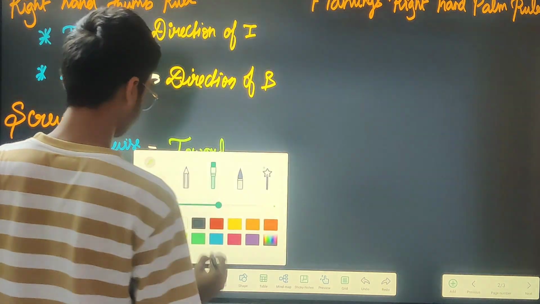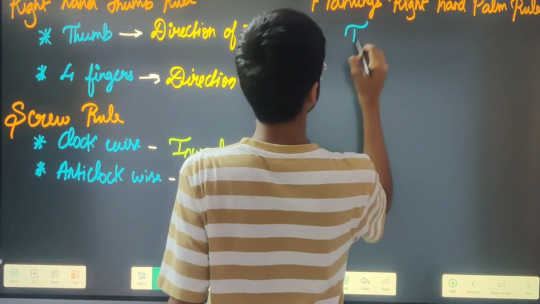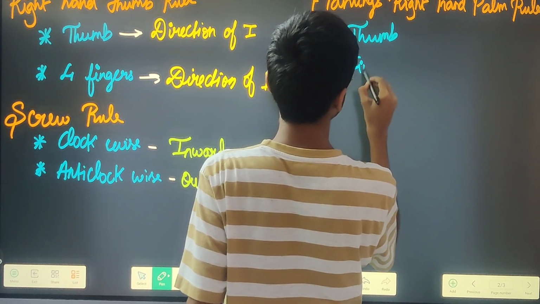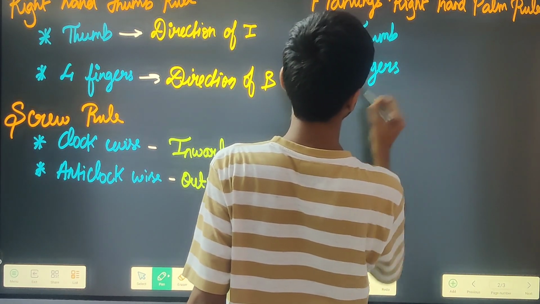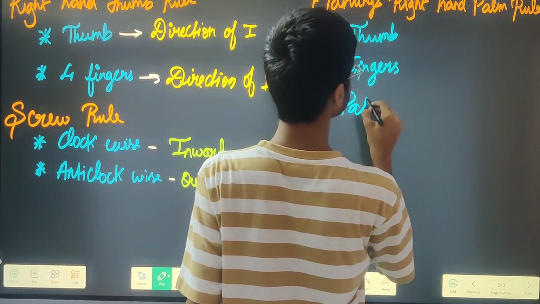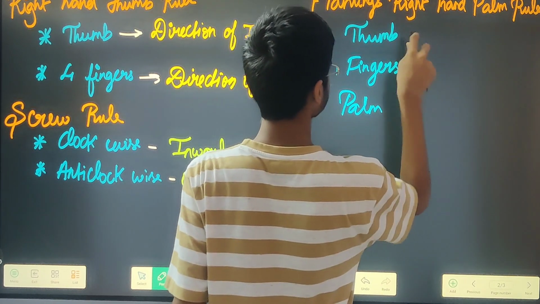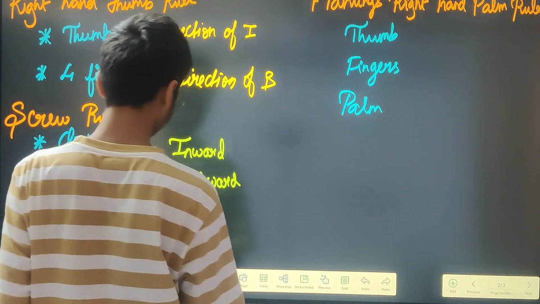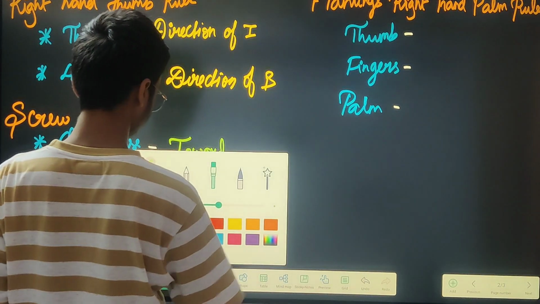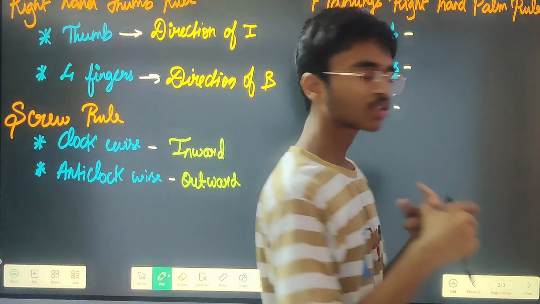Okay, so I can say that thumb over here, fingers, then the palm. The thumb indicates the direction of the current.